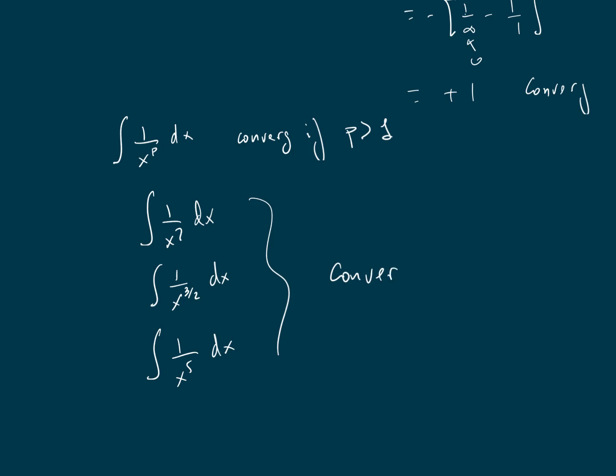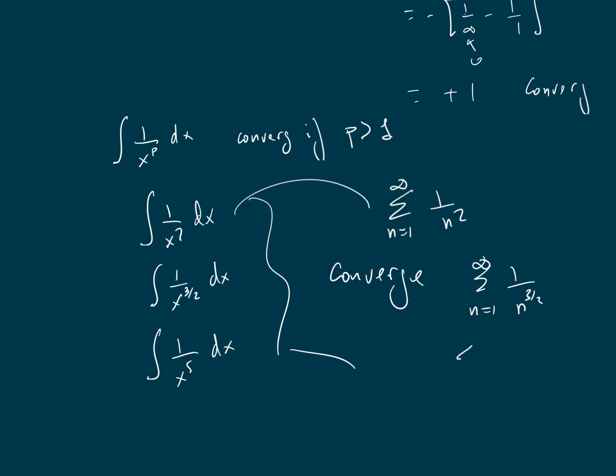And so the related series, like summation from n equal 1 to infinity of 1 divided by n squared, or 1 divided by n^(3/2), or 1 divided by n^5, all these series converge because of the integral test.